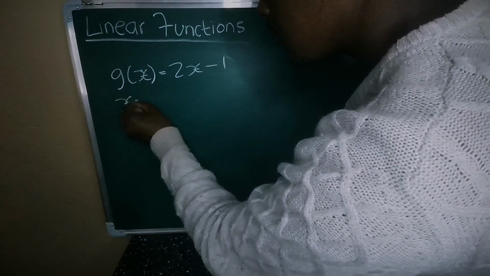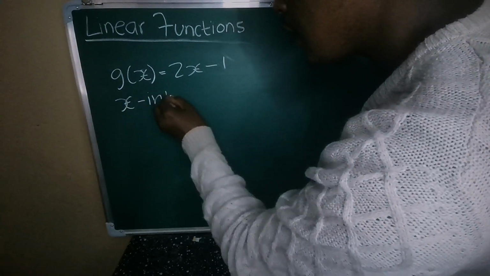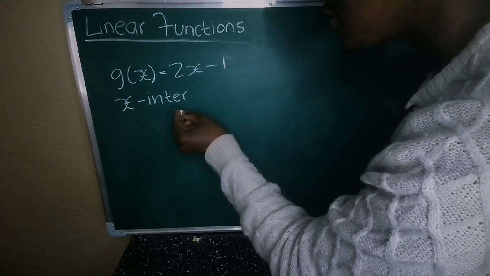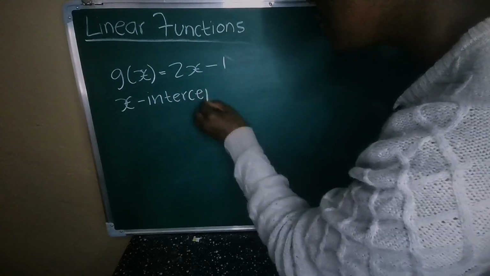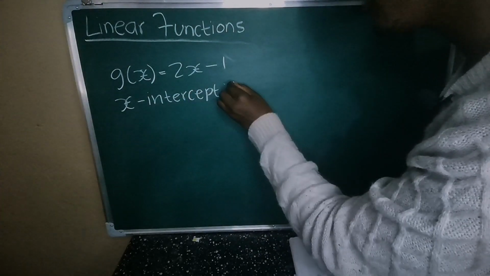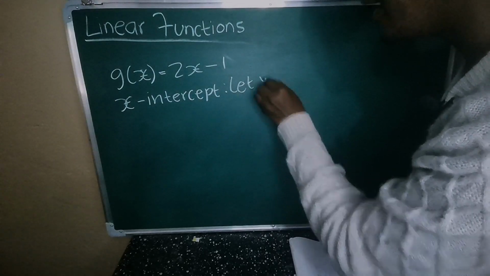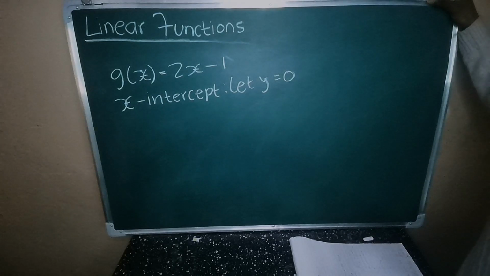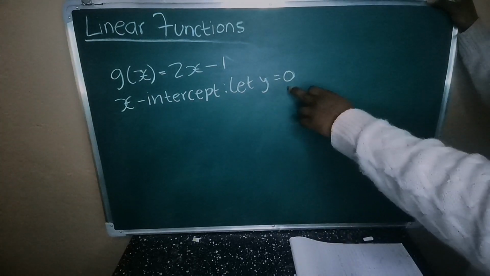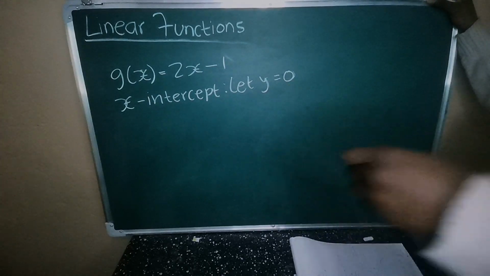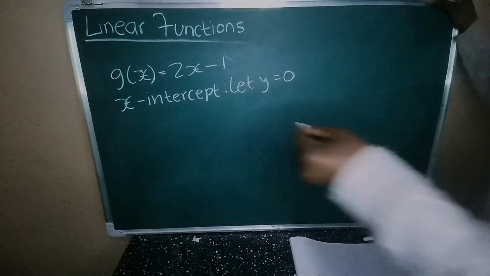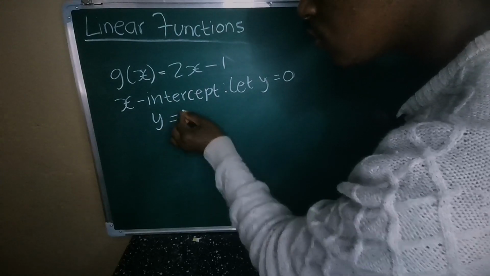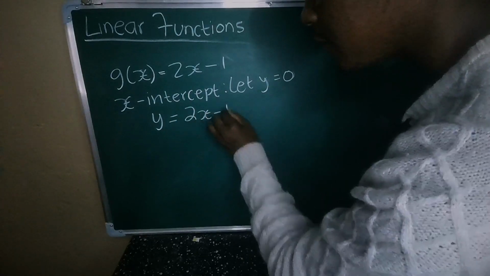For x-intercept, the graph cuts the x-axis. For x-intercept, we let y be 0. Let y be 0. So y is the same thing as saying g of x, which is y is equals to 2x minus 1.